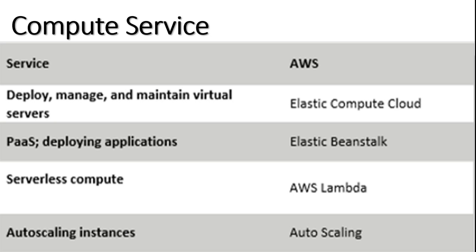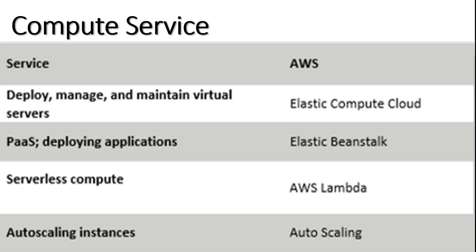You have to deploy, manage, and maintain virtual servers on your own. On the other hand, in Elastic Beanstalk, you only have to deploy the application. As an example, it gives you an environment with the Java installation or PHP installation, depending upon your needs. So you can go with Elastic Beanstalk if this is your requirement.